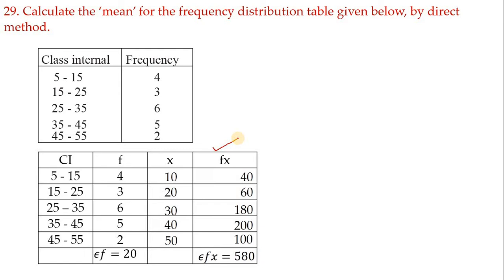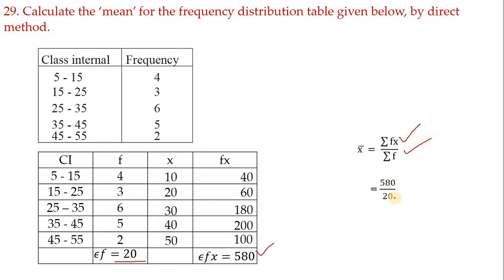Next let us move on to calculate the mean. The mean formula is x bar equals sigma fx by sigma f. Now where is the sigma fx value? Sigma fx value is here, 580. Where is the sigma f value? That is 20. Now substitute these values here, children.